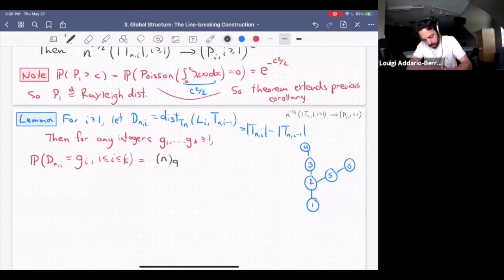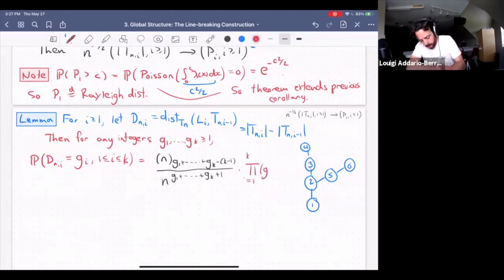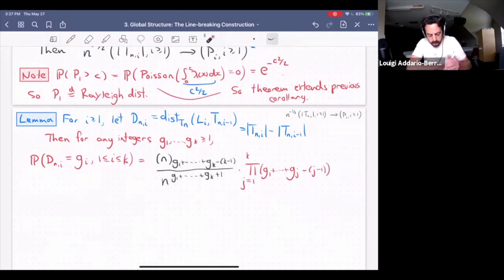It's n falling factorial (g1 plus ... plus gk minus k minus 1) over n to the g1 plus g2 up to gk plus 1, and then all that times the product for j from 1 to k of (g1 plus ... plus gj minus j minus 1).